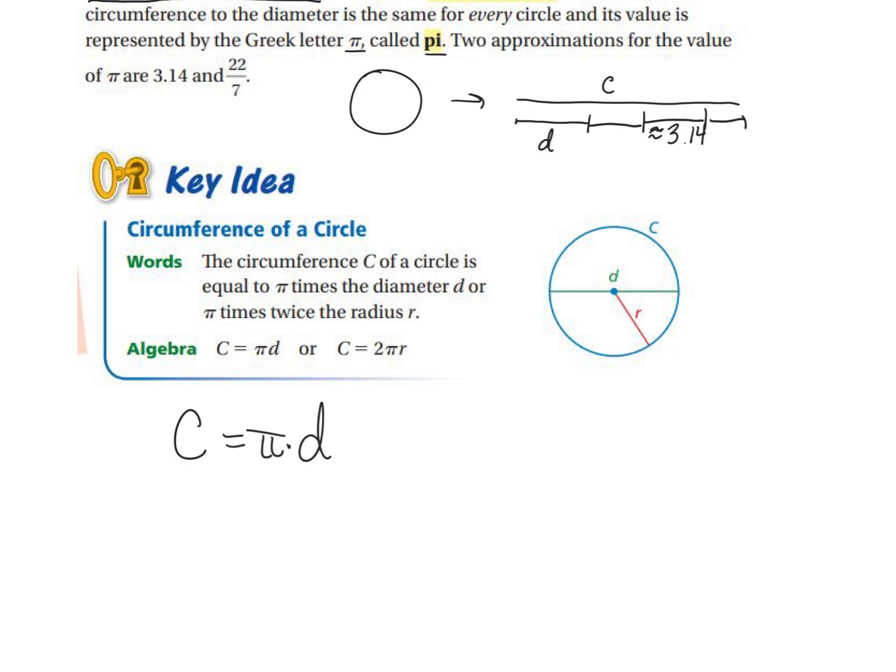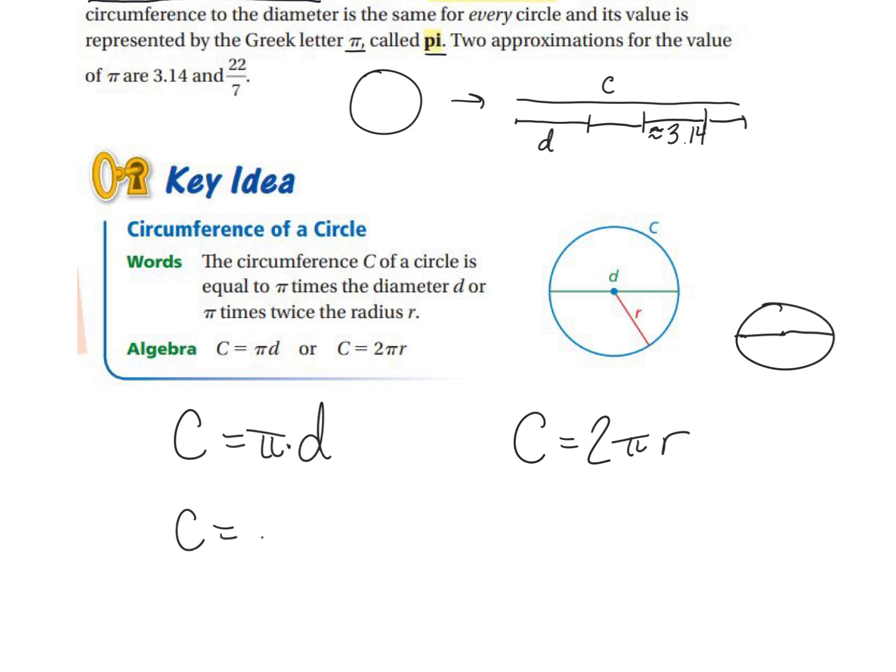If I was ever given a radius, we know that a radius of a circle is just half of the diameter. So we would need two of them to finish. We're going to take 2 copies of the radius and multiply that by pi. When I'm writing these, I typically write pi first, so pi times diameter, or 2 times pi times r. You can write this any way.